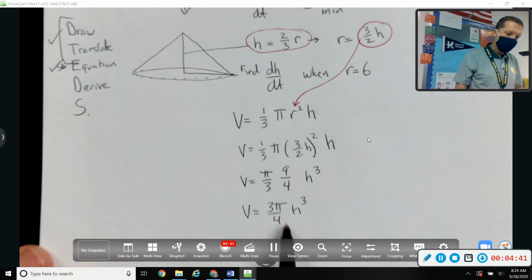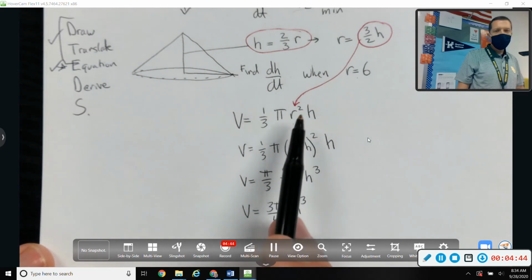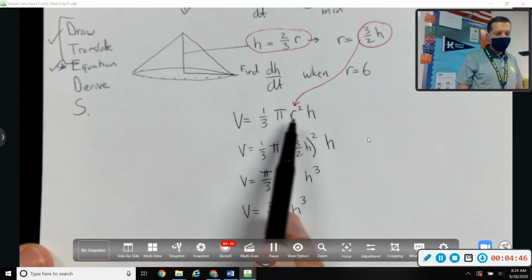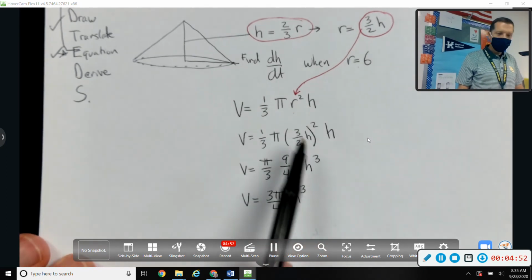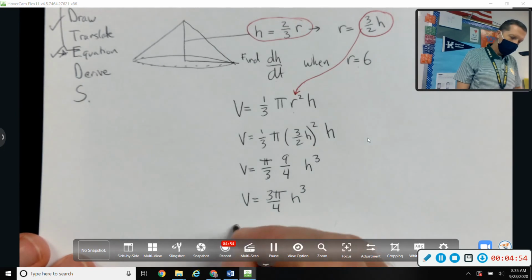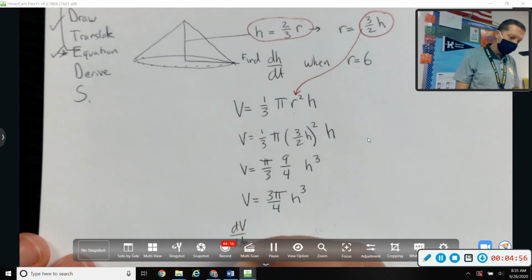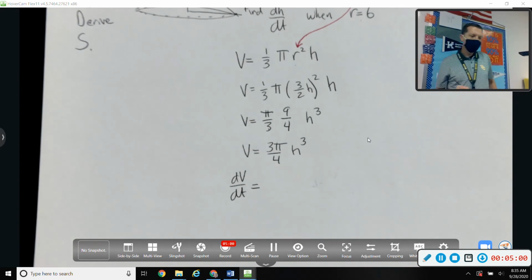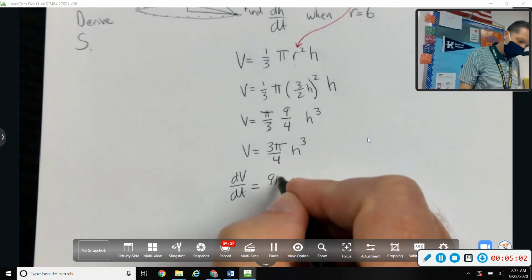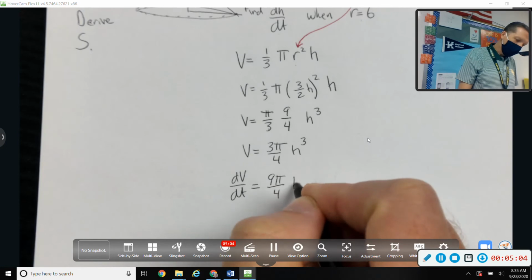And again, the motivation was I was going to have to use product rule, and when I did that, I'd get 2 related rates on the right-hand side, R and H. Now that I paid a little bit of an algebra price, my derivative is going to be a lot nicer. This is just the power rule. 9 pi over 4 h squared.